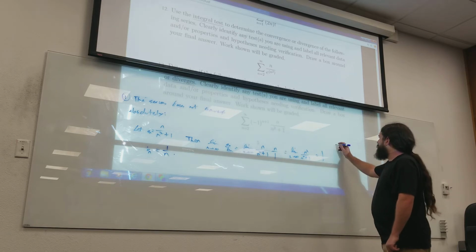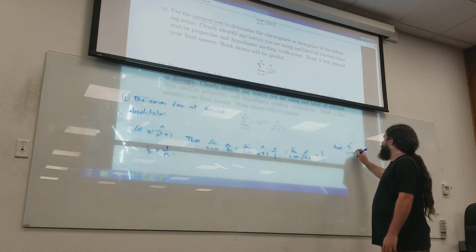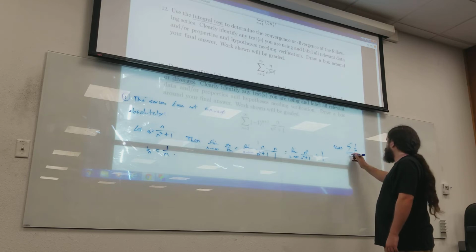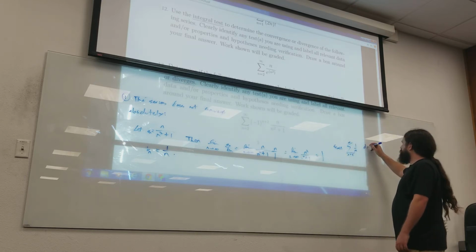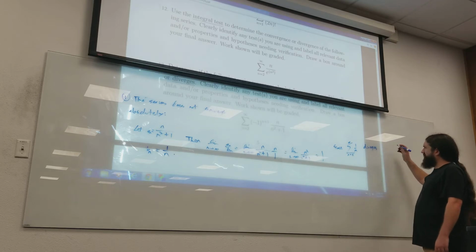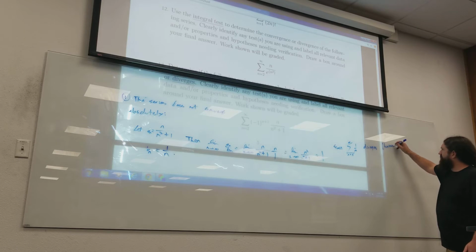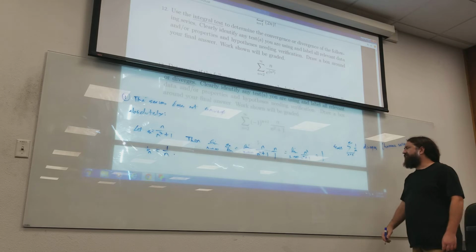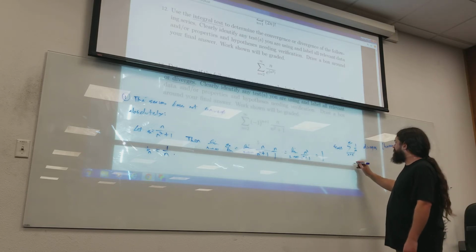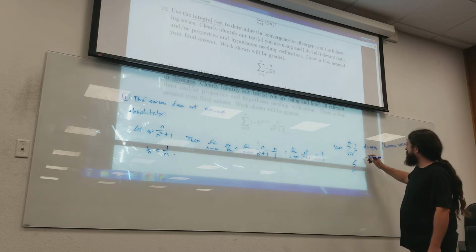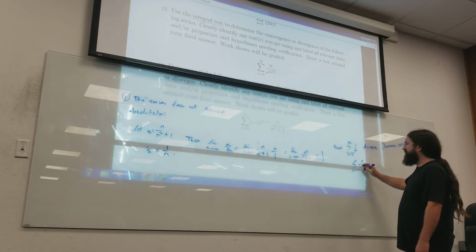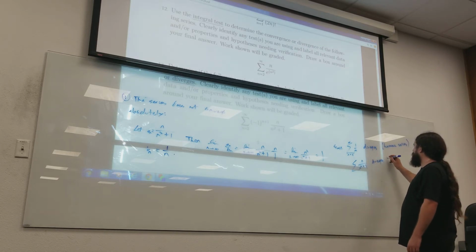So, we can say, since the sum of b_n, so 1 over n, diverges, you can either quote that it's a p-series with p equal to 1, or you can say that it's a harmonic series. So since that diverges, our series, n over n squared plus 1, diverges by the limit comparison test.